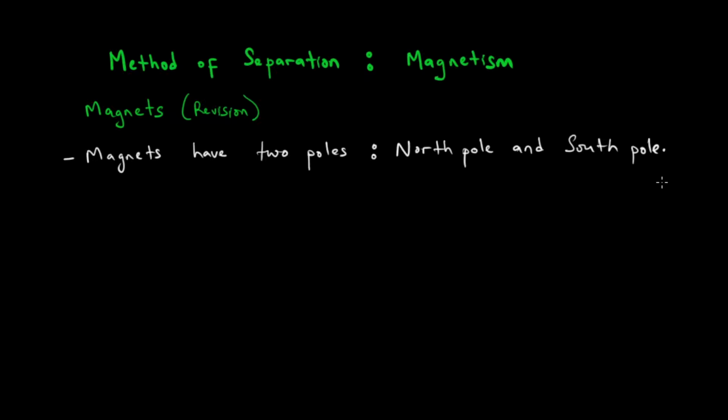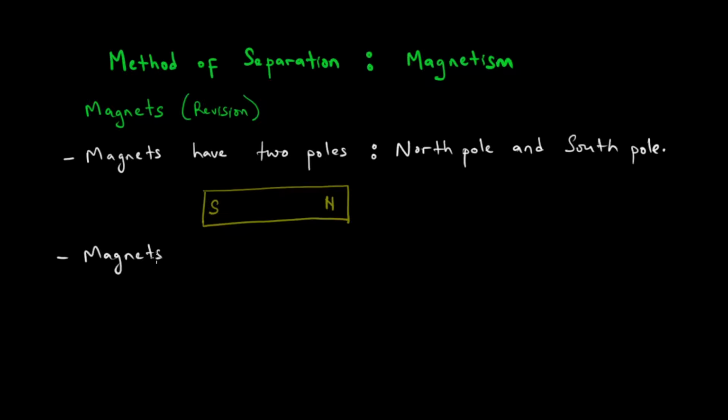We have a North Pole and we also have a South Pole. Putting it down, let us say we have this rectangular magnet. It is going to have a North Pole and a South Pole.